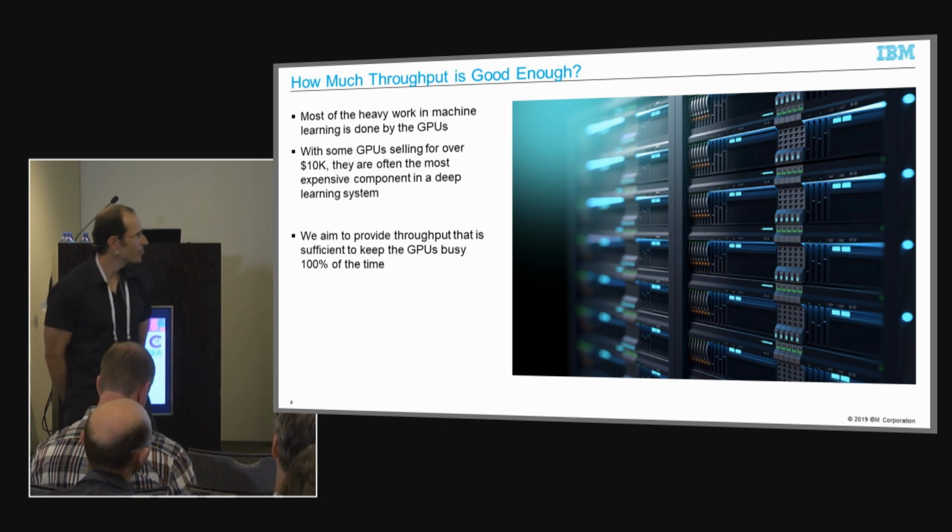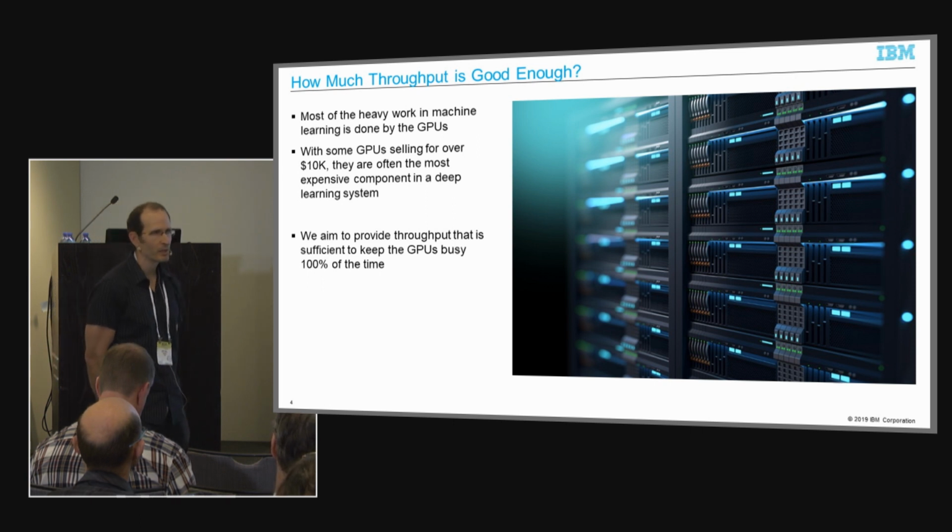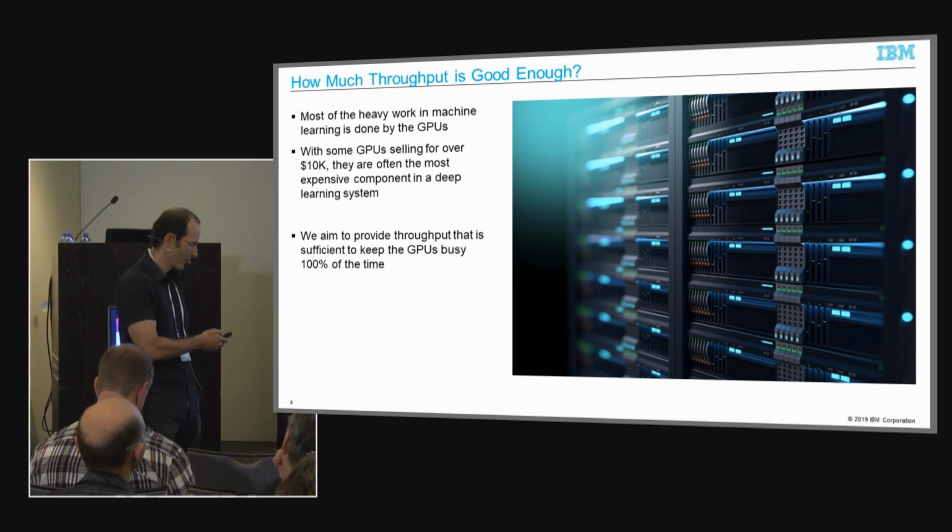We figured that we need to provide throughput sufficient to keep the GPUs 100% busy all the time. Because if the GPUs are not busy, then basically we're losing money. Customers are waiting for the workloads, and we're not getting paid because we get paid by how many cycles they actually end up using.